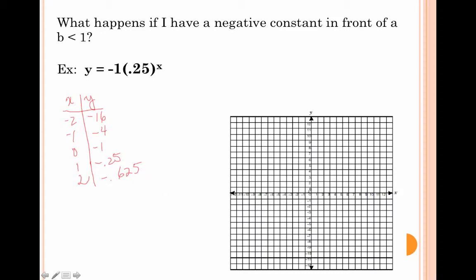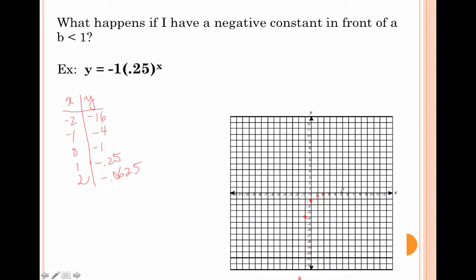Okay, and I'm going to graph that. Negative 2, negative 8, negative 1, negative 4, 0, negative 2, 1, negative 1, 2, negative 0.5. My apologies.